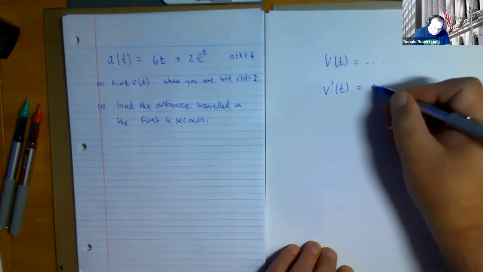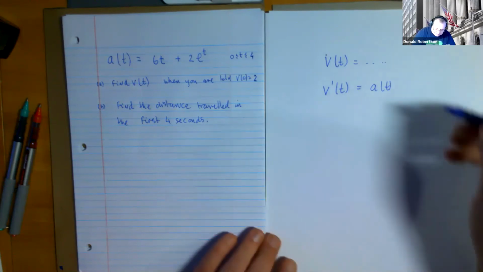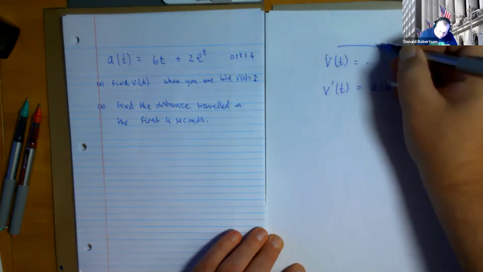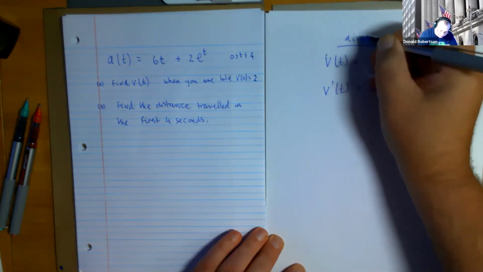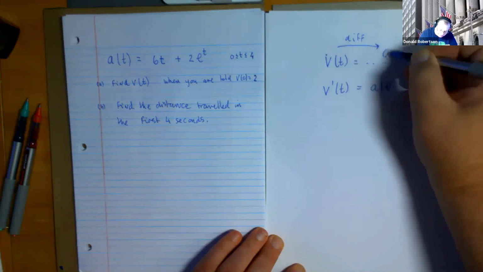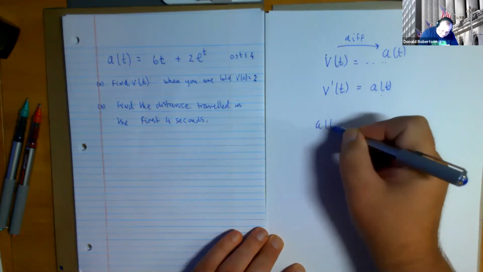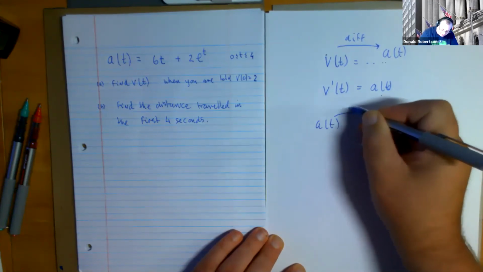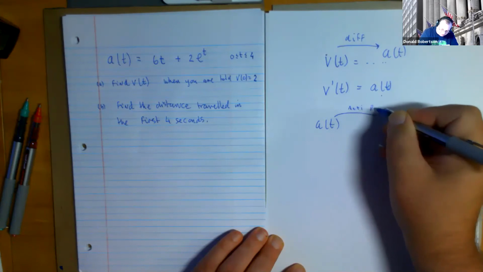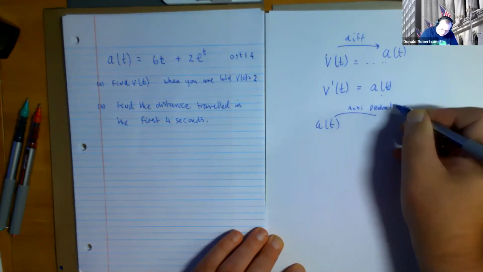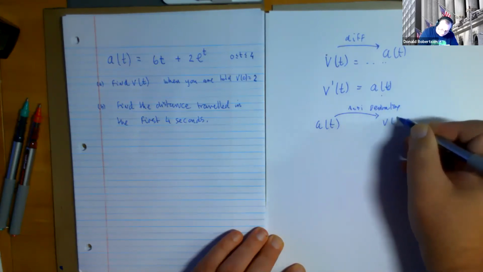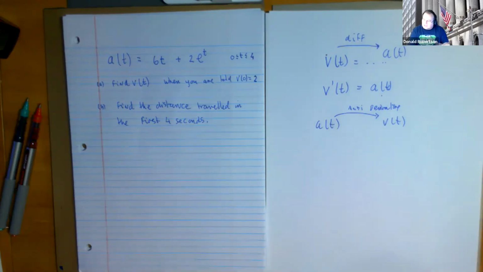So if you take this guy and you differentiate him, then you get this guy, right? What do you think you would get if you take the acceleration and you find its antiderivative? Then shouldn't you get the velocity? Do you see how it works in two directions? If one of them is like working downhill, we're working uphill, right?